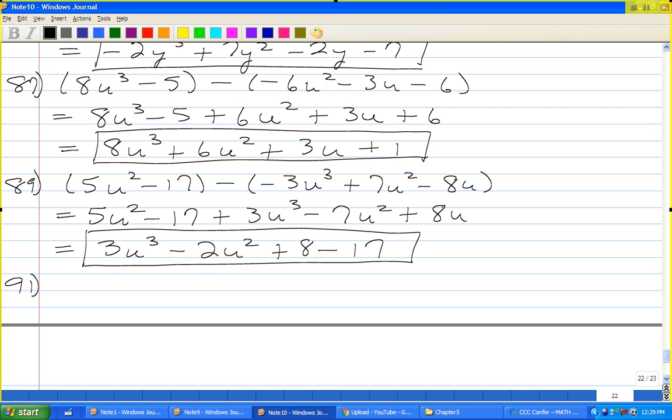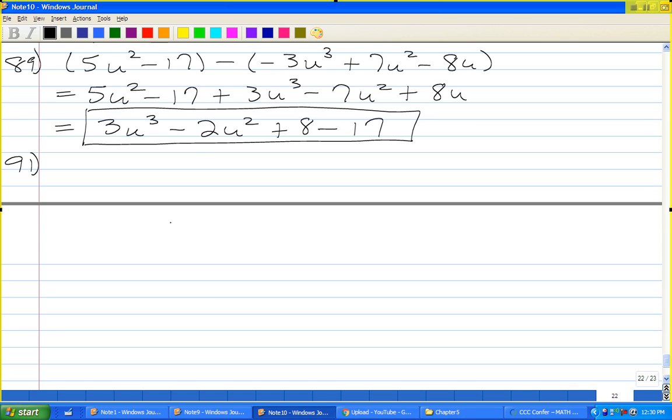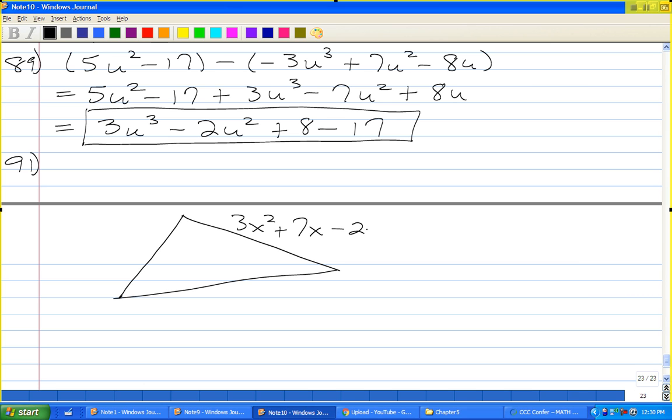Determine the perimeter of a triangle. So I want to determine the perimeter of a triangle whose lengths are 3x squared plus 7x minus 2, 4x squared minus 5x plus 1, x cubed plus x squared minus 2x.